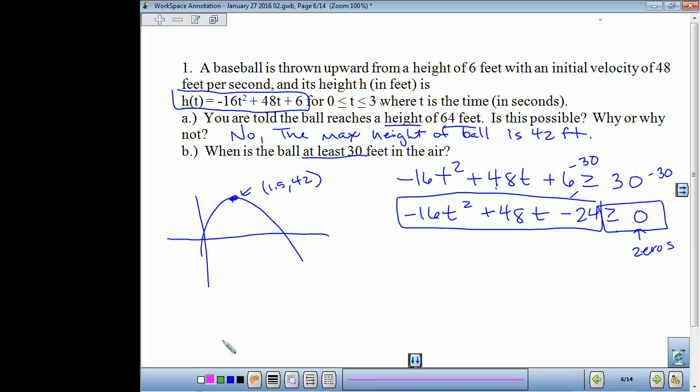Okay, so when we cause this shift, when we bring it down, our x-axis is right here now, and we want to know where it's greater than, so we're investigating this part. And so how can I write that? It goes from 0.634 to 2.366 seconds.